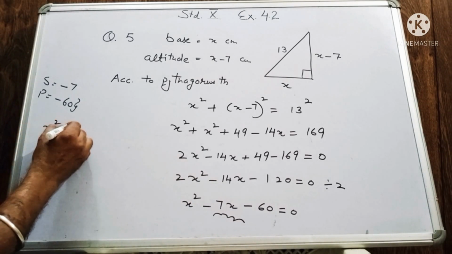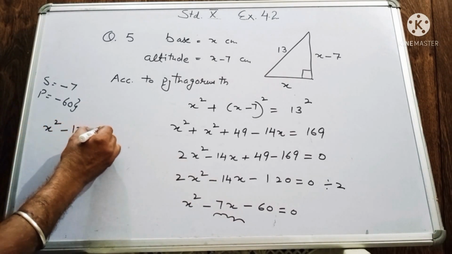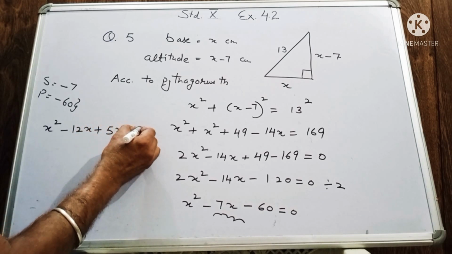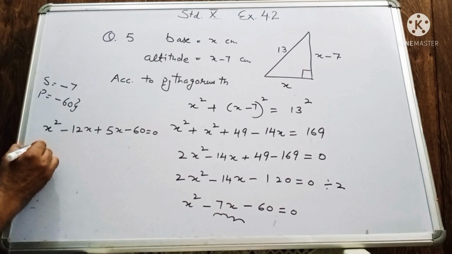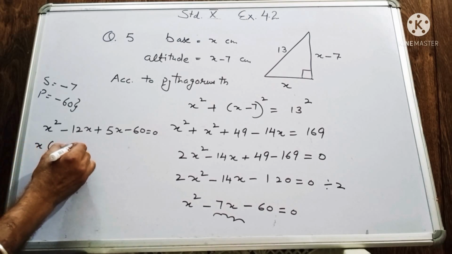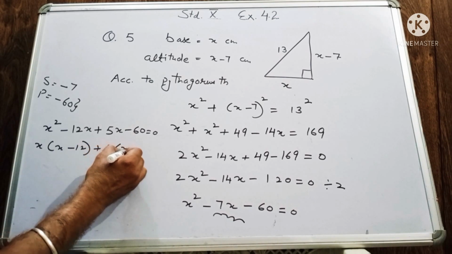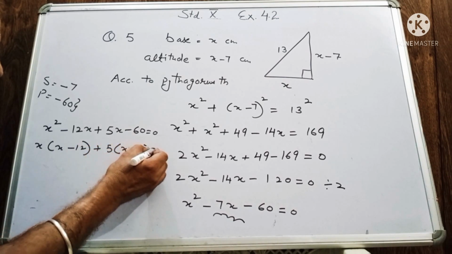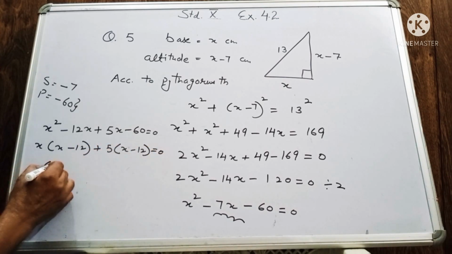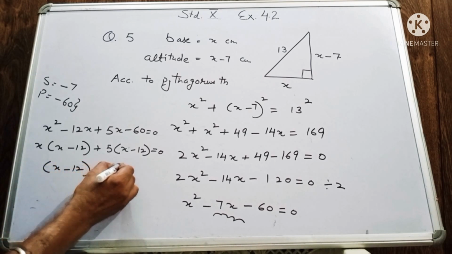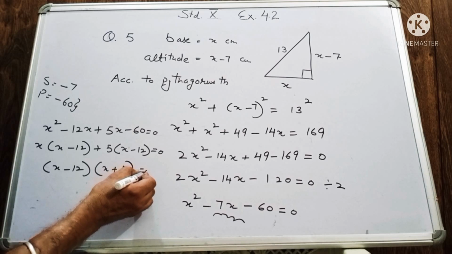X square minus 12x plus 5x minus 60 is equal to 0. X we will take common, x minus 12; plus 5 we will take common, x minus 12 is equal to 0. Now x minus 12 is common. What is left? X plus 5 is equal to 0.